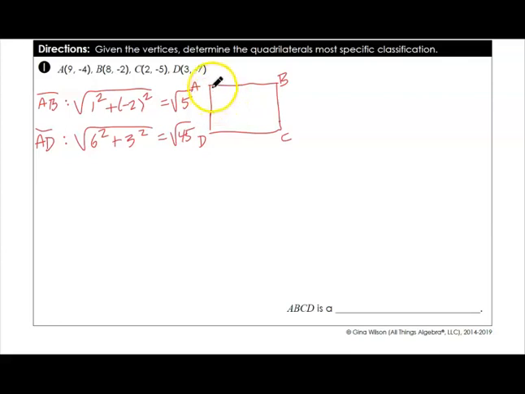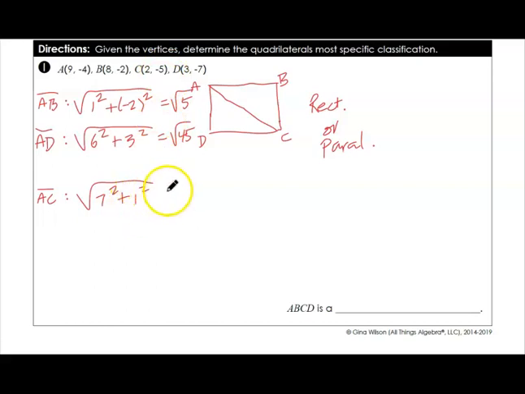If it's a rectangle, then the diagonals will be congruent. If it's a parallelogram, the diagonals will not be congruent. So we've basically narrowed this down to rectangle or parallelogram. Okay, so let's take a look at the diagonal AC. The distance for AC: 9 minus 2 is 7 squared, plus negative 4 plus 5 is 1 squared.